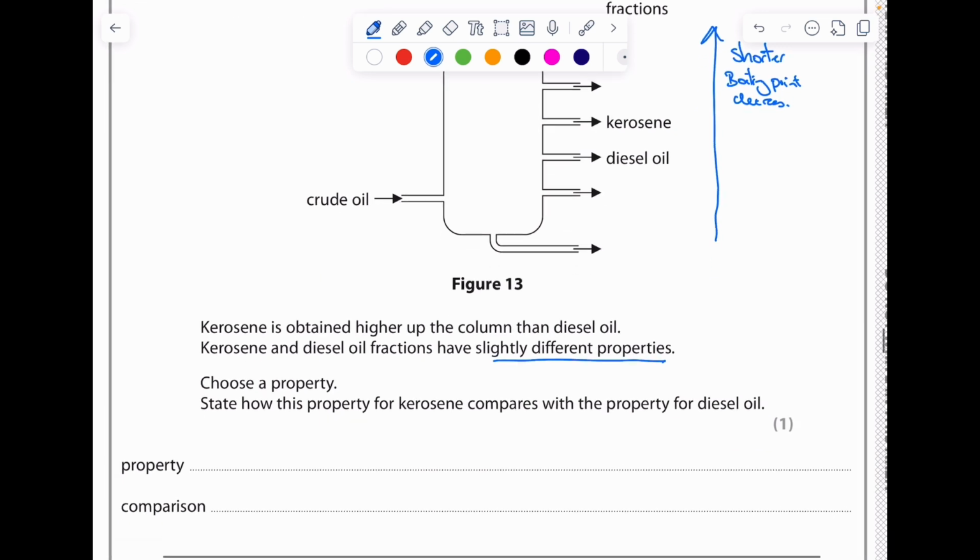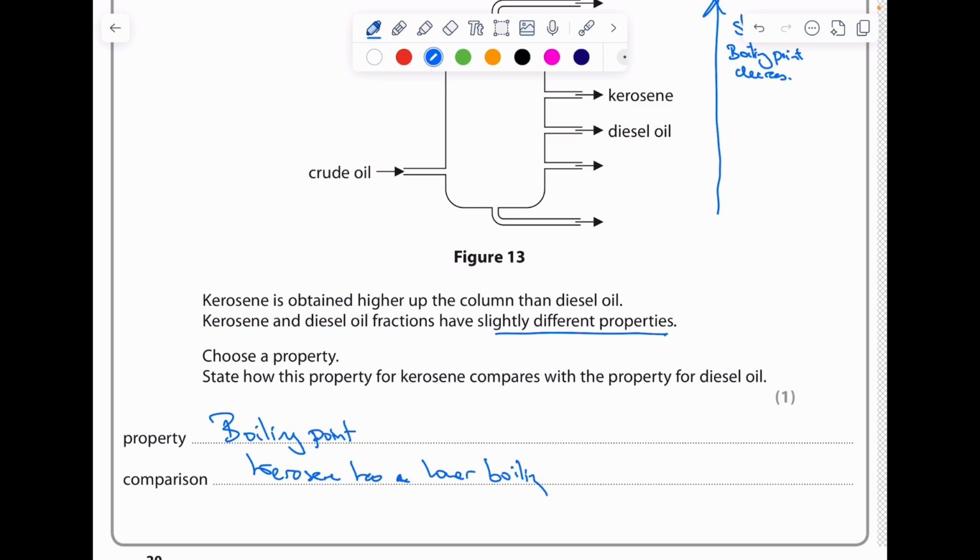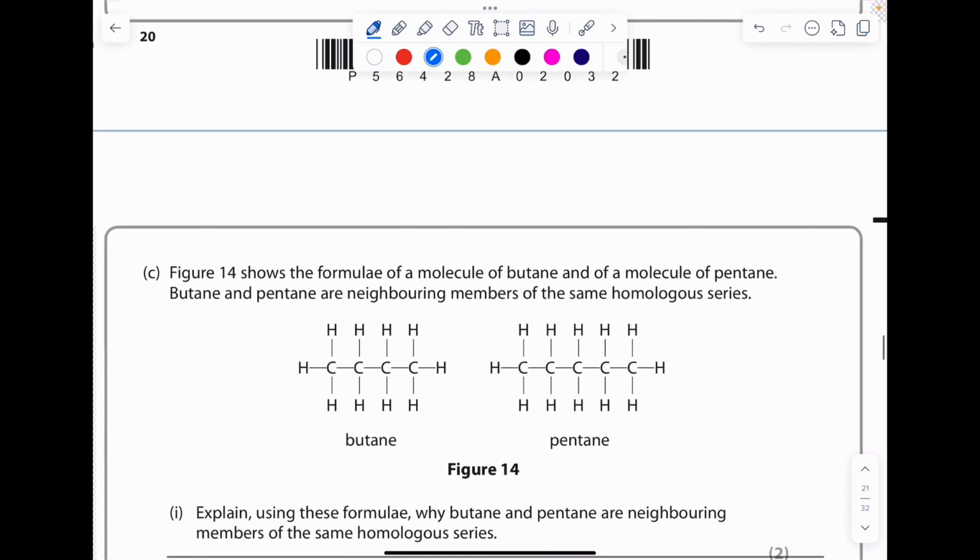So the first thing I can say here is the property is the boiling point, and I can say that kerosene has a lower boiling point. 1 mark for each of the points, so 1 mark for getting both right.